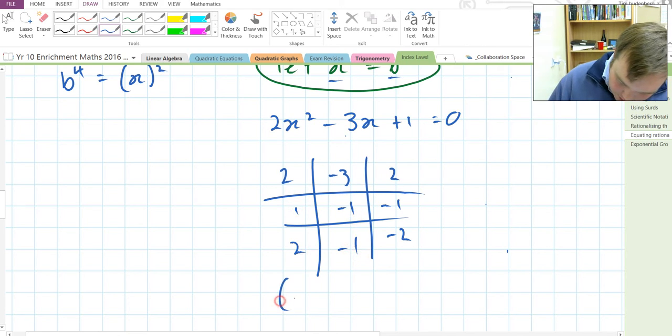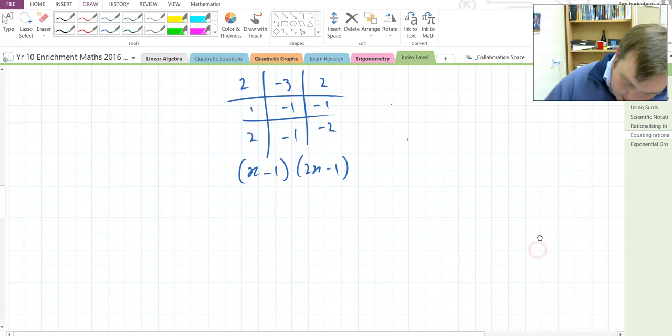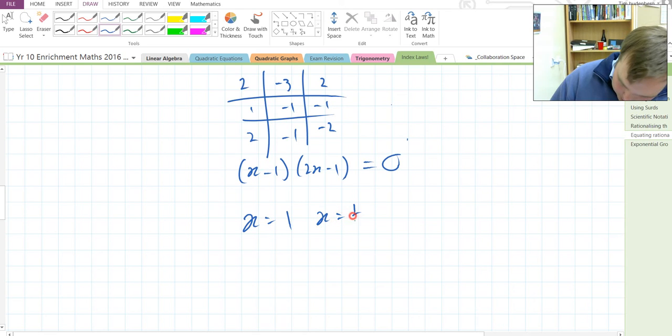So this factorizes to x take 1 and 2x take 1. Alright, so our solutions, if that equals 0, are x equals 1 or x equals a half.